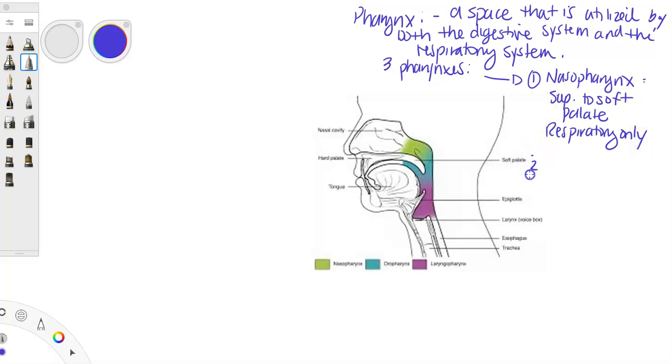Okay, and then we have the oropharynx, and that starts at the soft palate and extends to the hyoid bone.